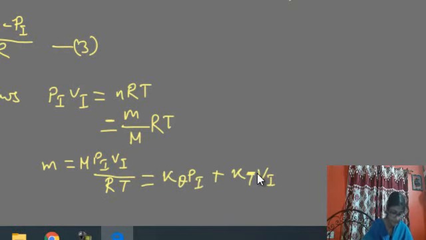By RT, and this can be written as kθ into Pi plus kT into Vi. This kθ is the constant for increase in pressure at constant volume, and kT is the constant for increase in volume at constant pressure.